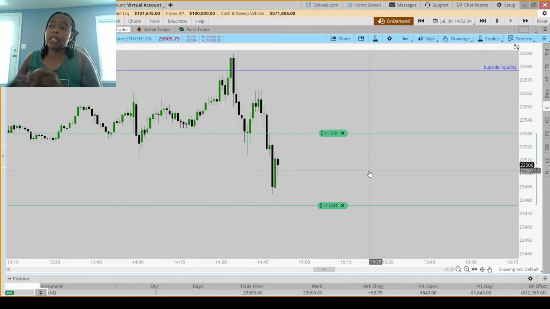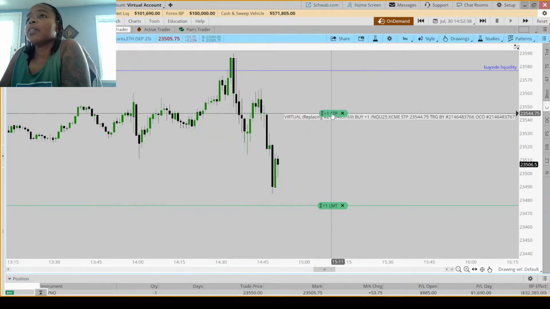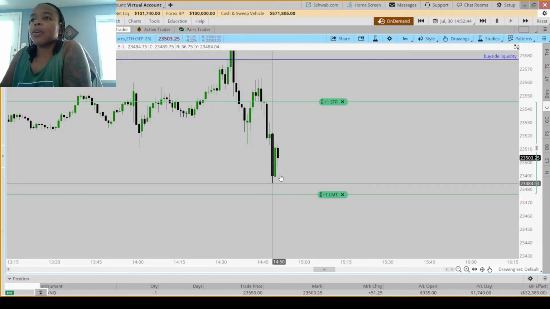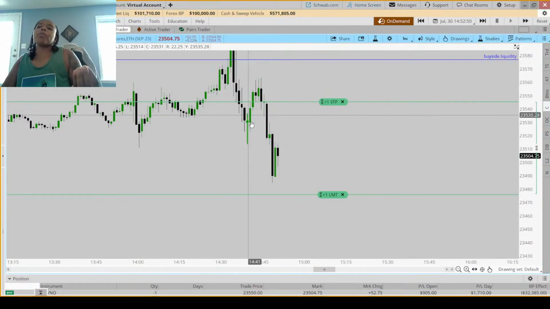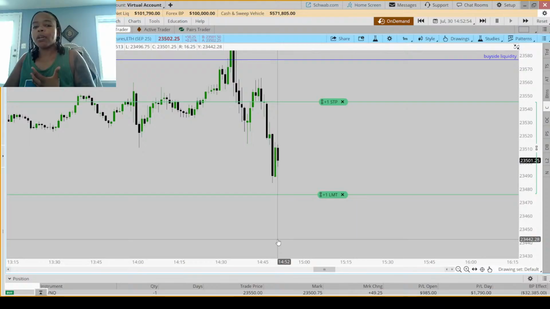This is a terrible place for a stop. I would have it above the candle that makes this fair value gap. That's where the stop needs to be. And once it leaves this low, then I can move it down. So this is what I need to be doing. Once it leaves here, I know it's probably not going to come back up here, at least not at the moment. Then I can get more of the run.